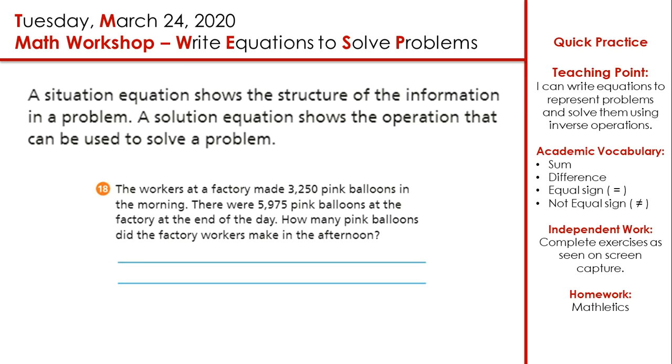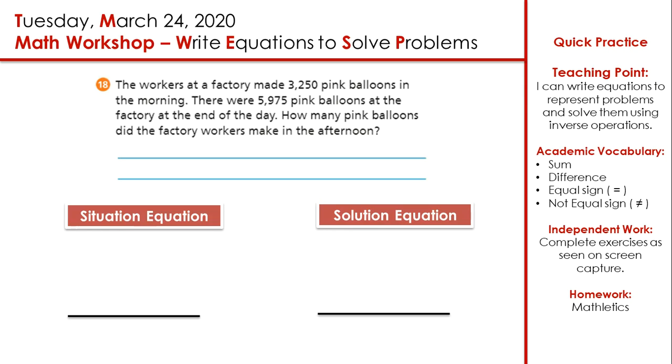So that means that that is our unknown quantity. That is equal to the total amount of balloons that they made at the end of the day, which is 5,975. If we represent that as a situation equation, we will have 3,250 in the morning.